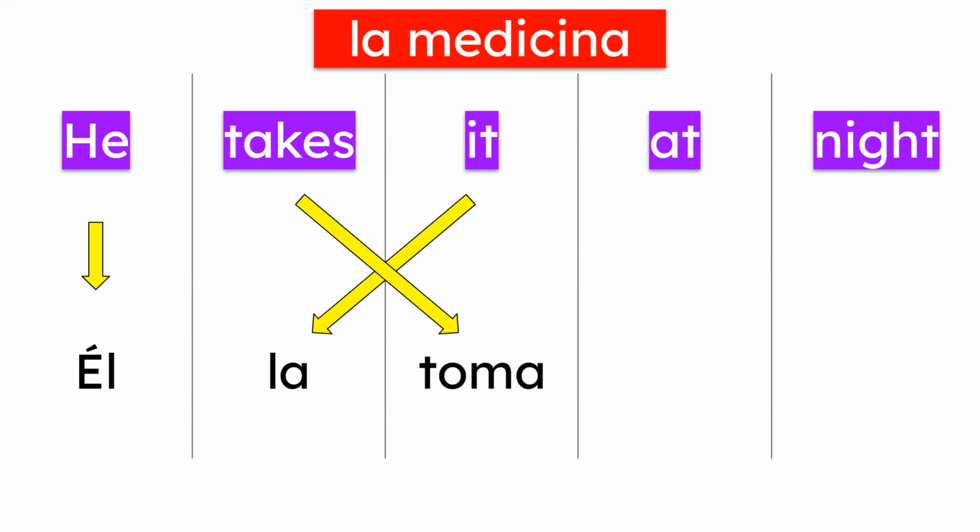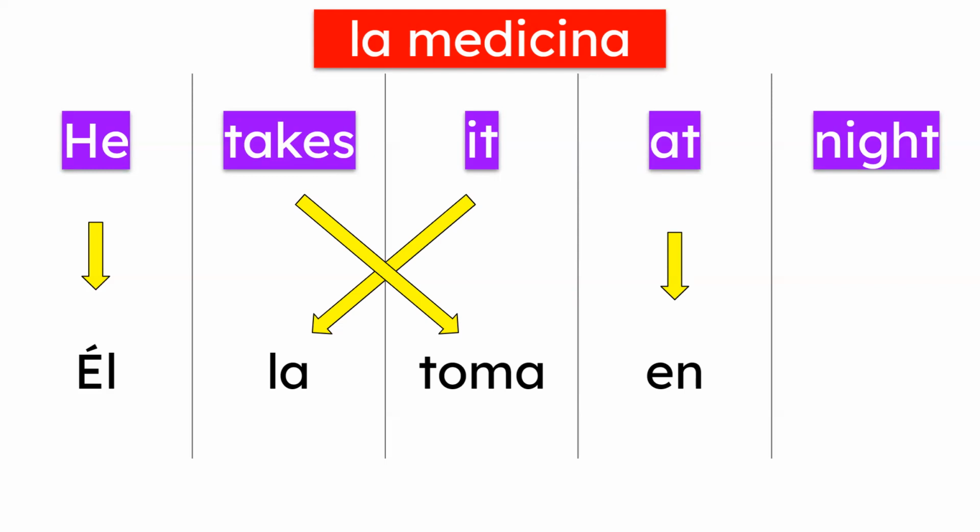At is en. Whenever you say a part of the day, like in the morning, in the afternoon, or at night, in Spanish, we always use en. Or in some countries, we use por. So that might be different according to the country where you are living in or you're planning to go to. So, en or por. Él la toma en.